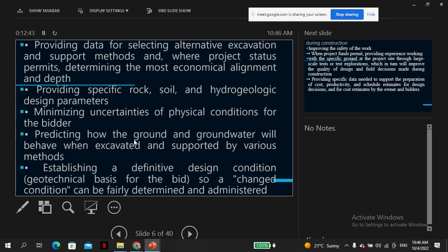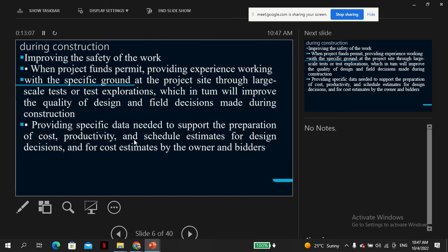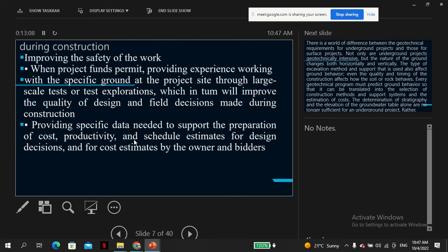So if the condition experienced is substantially different from what was anticipated, then you may need to vary even the contract sum and amount. And of course, you need a fair way to do this. Even at the time of bidding, you need a fair way to determine what the cost of the project is, depending on the complexity or lack of it.